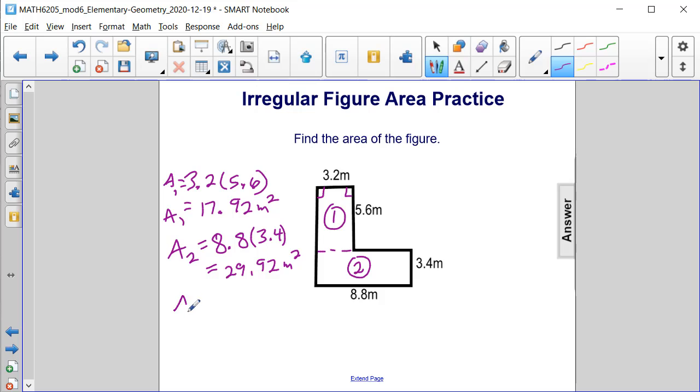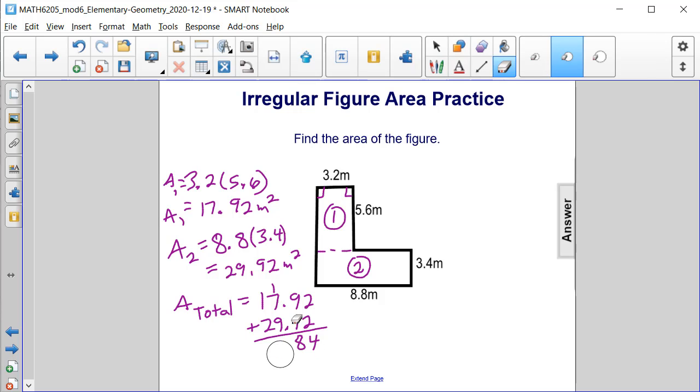And then if we add up both of these areas to get the total, we would get 17 and 92 hundredths plus 29 and 92 hundredths. We would get 47 and 84 hundredths square meters as the total area.